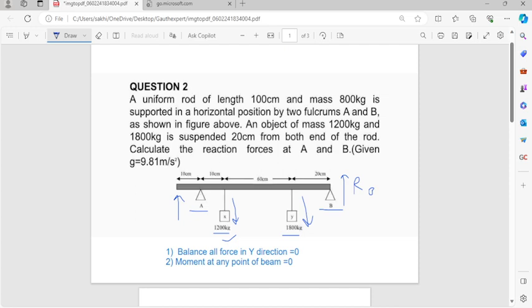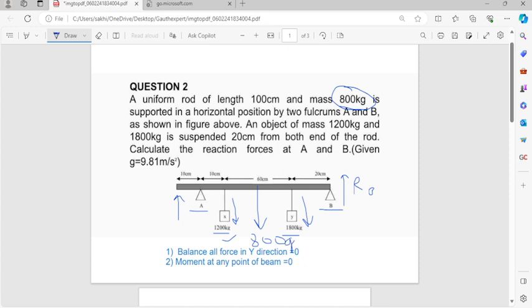Also, given that the 800 kg is the mass of the beam, we can consider that the mass is acting at the center of the beam. So here is the center of the beam, and another force is acting, which is 800 multiplied by g. So we have three forces downward and two forces upward.